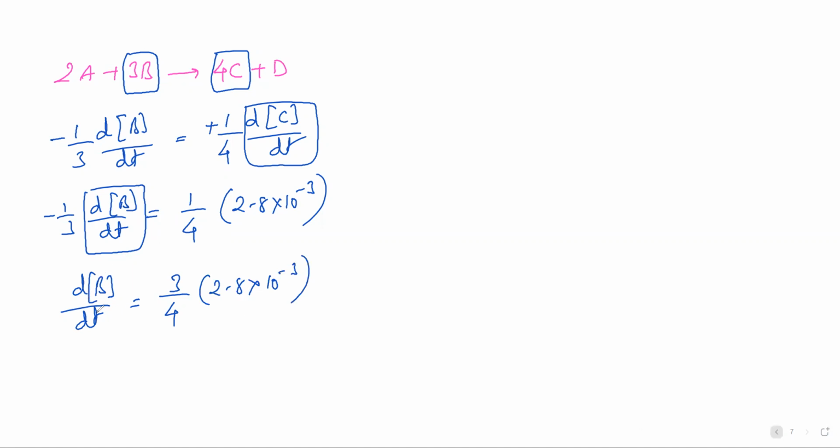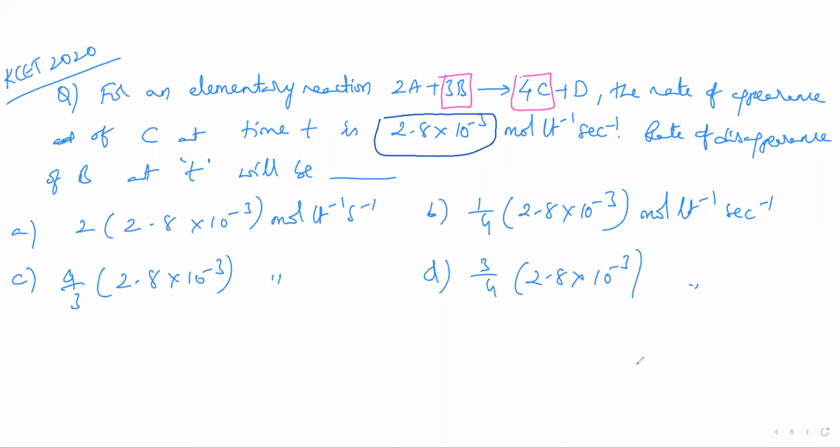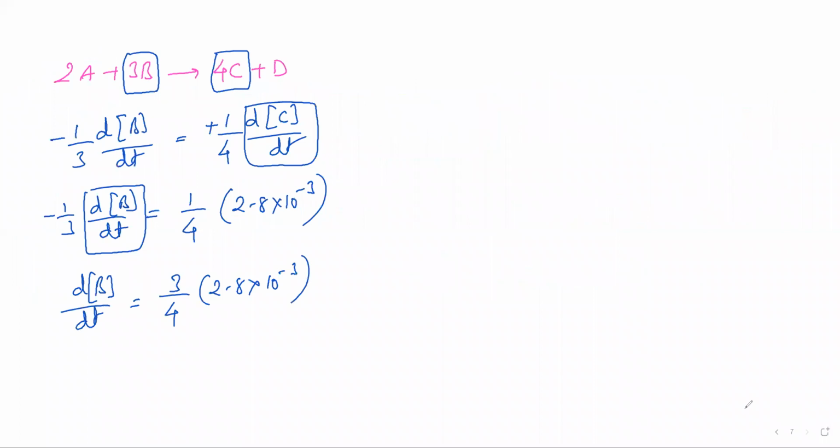Which option? Fourth option, 3 by 4 into 2.8 into 10 power minus 3, right? This is what we obtained, so this is your answer. This is how you should solve these questions. So this is one question from chemical equilibrium.